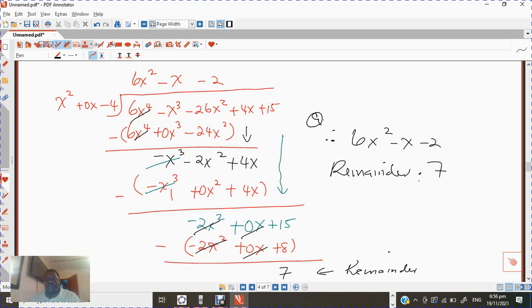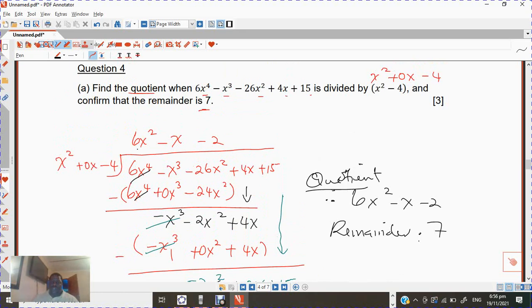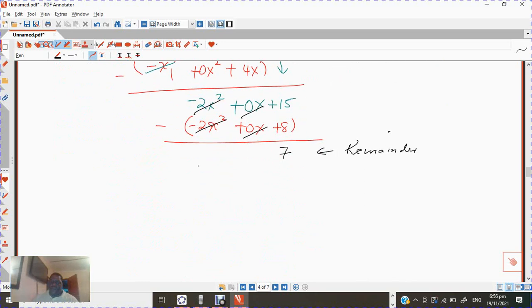So this one here is the quotient. Let's make sure that we write that correctly. That's what our question wanted us to do: find the quotient and confirm that our remainder is 7.